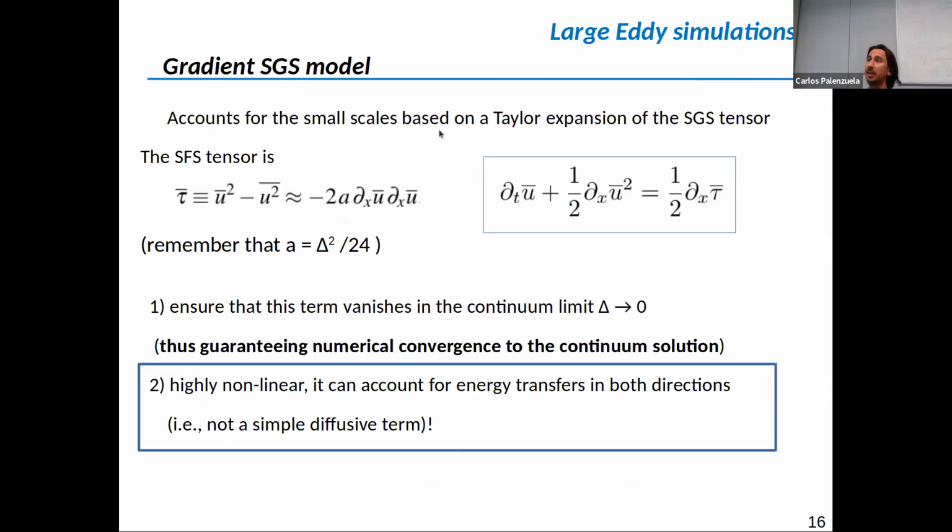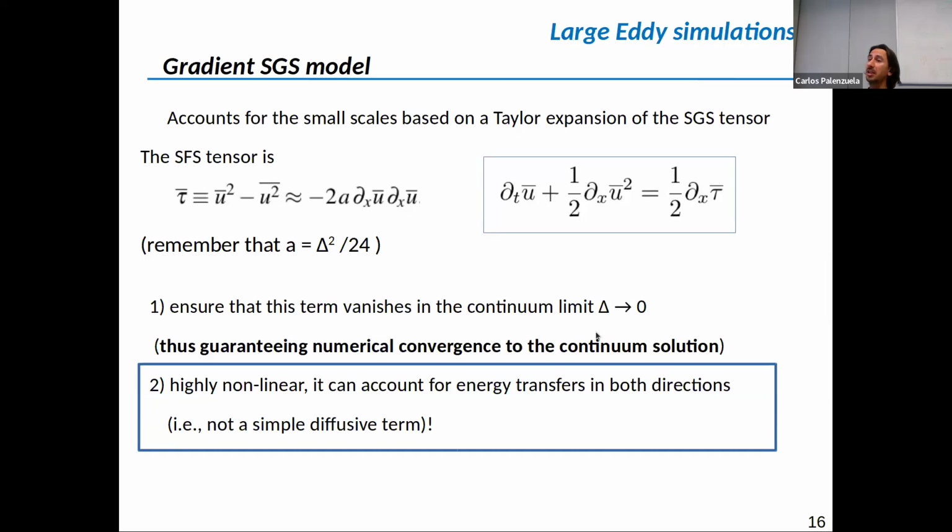So for instance, for the Burgers equation that I described before, the zero order cancels, and then the first order is just the gradient of the u square, where remember that this a is proportional to the delta square, so that means that this term is going to vanish at the continuum limit.